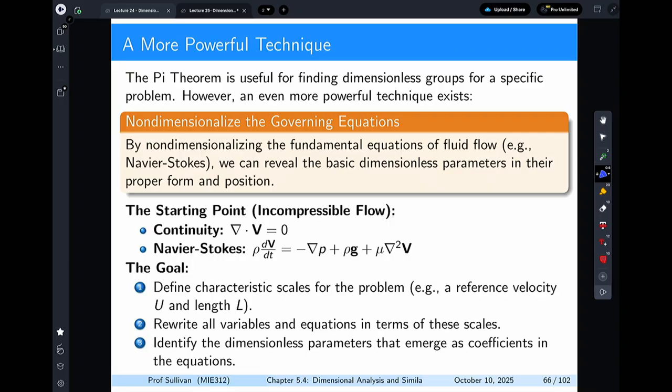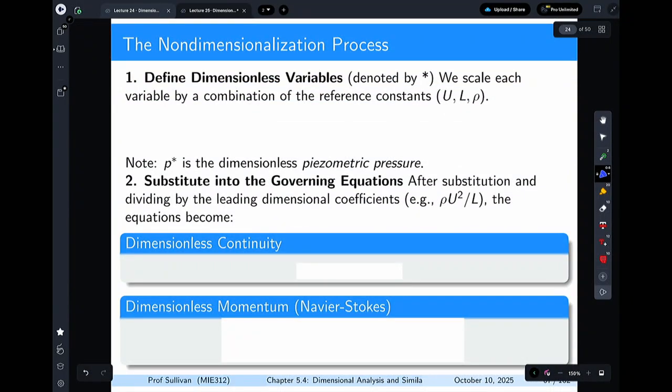Say a reference velocity or a length, rewrite all of the variables and equations in terms of these scales, identify the dimensionless parameters that emerge as coefficients in the equation. So what you should not be surprised at is your favorite number, my favorite number, Reynolds number appears in a lot.